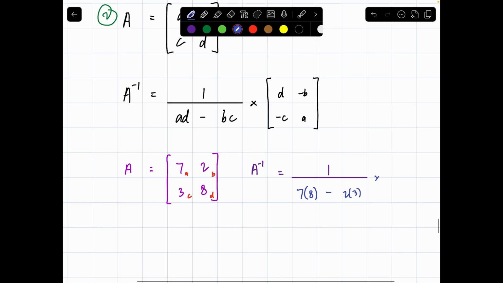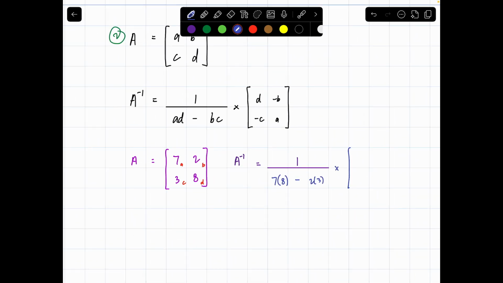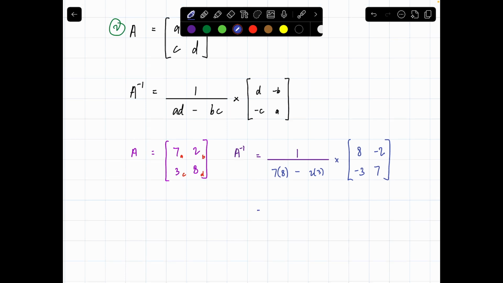And then we have the matrix here. D is 8. Then we have negative B, so 2 becomes -2. 3 becomes -3. And 7 comes around here.